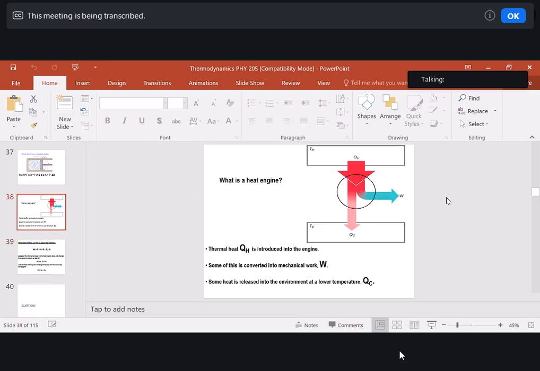Look at it. This heat is supplied to this engine here. The heat here now will be QH minus the one that has been supplied to the reservoir, minus the W now.